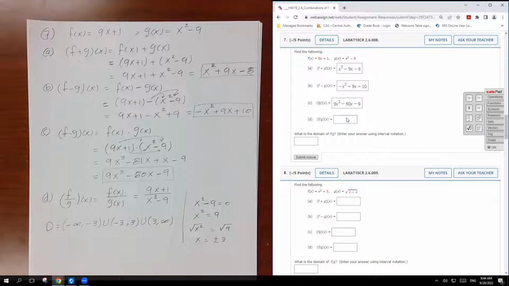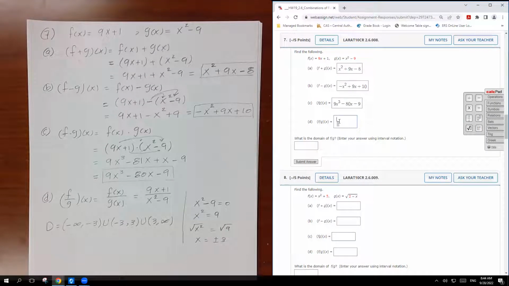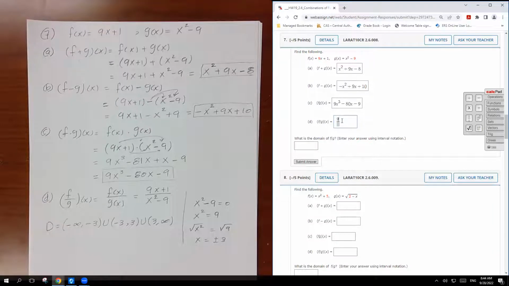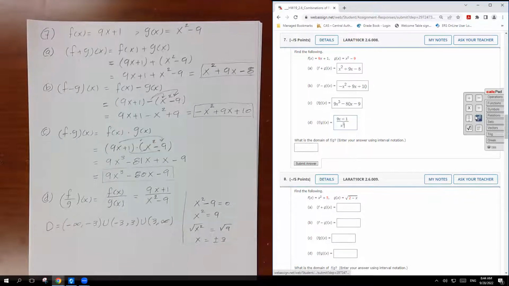Next one is going to be division, 9x plus 1 over x squared minus 9.